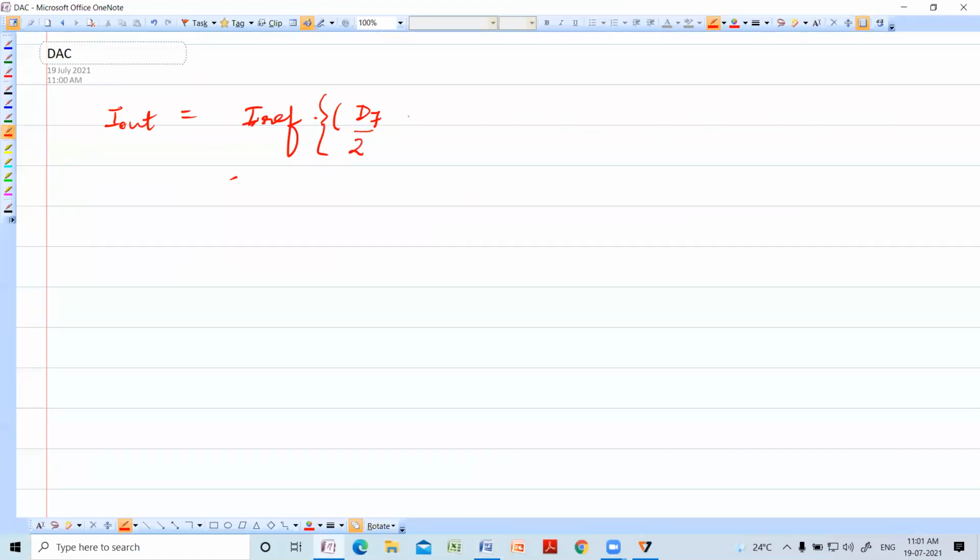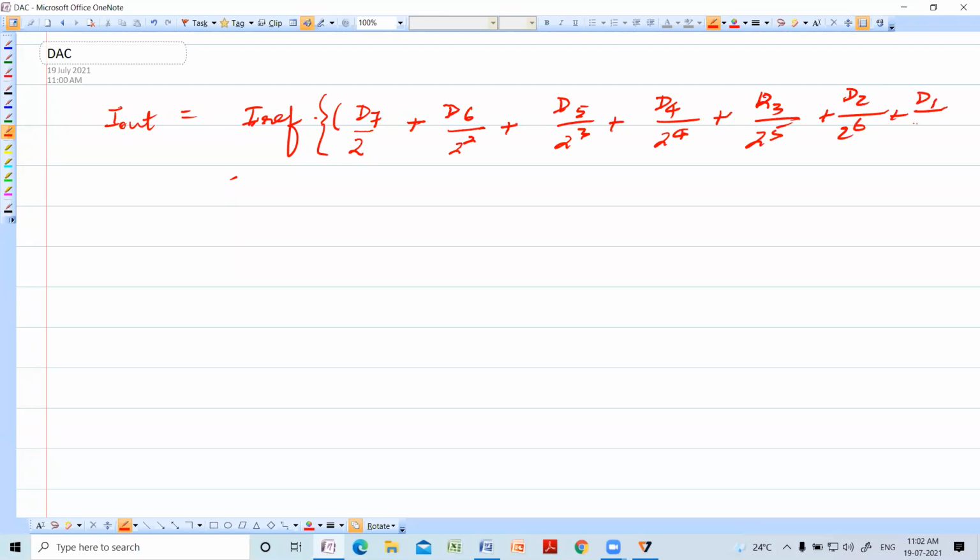So D7 by 2 plus D6 by 2 power 2 plus D5 by 2 power 3 plus D4 by 2 power 4 plus D3 by 2 power 5 plus D2 by 2 power 6 plus D1 by 2 power 7 plus D0 by 2 power 8.